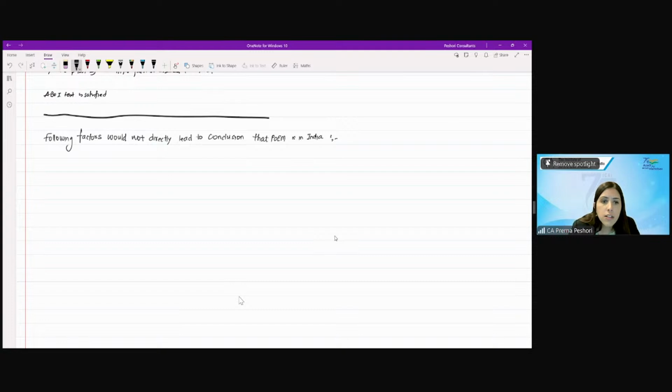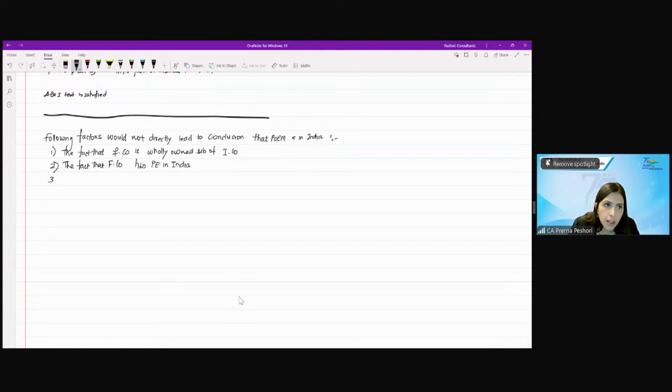What will be the factors? The fact that the foreign company is a wholly owned subsidiary of the Indian company. Second, the fact that the foreign company has a permanent establishment in India.